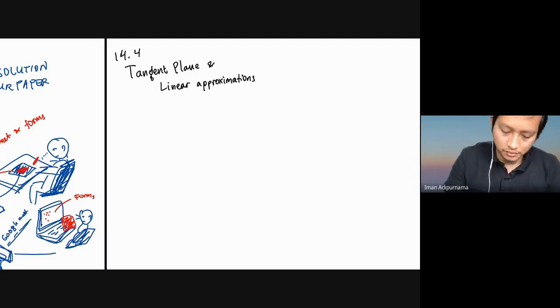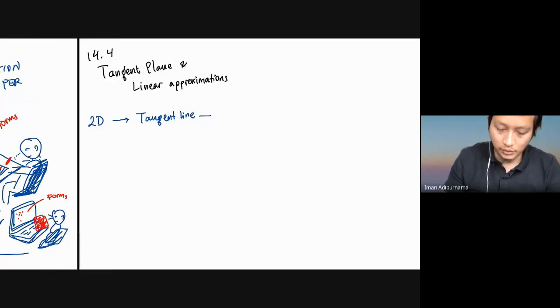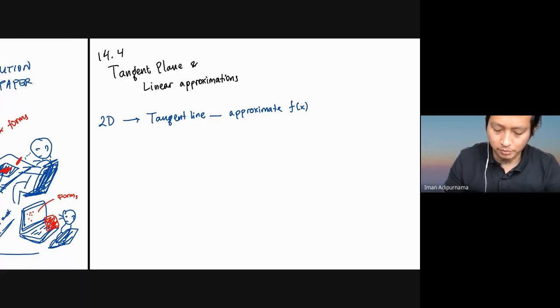Okay, like we have learned before, in 2 dimensions we have a tangent line, and it was supposed to be approximating the function of x, if you remember that.